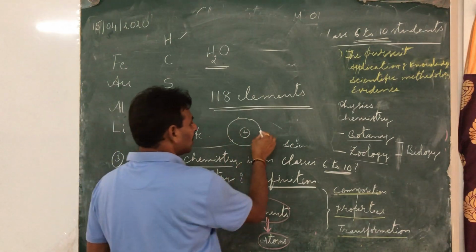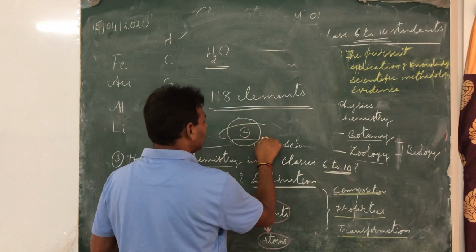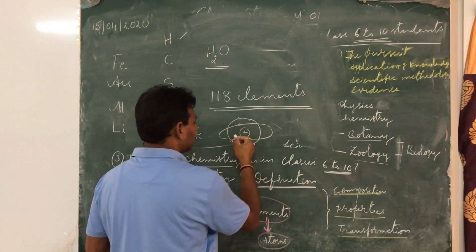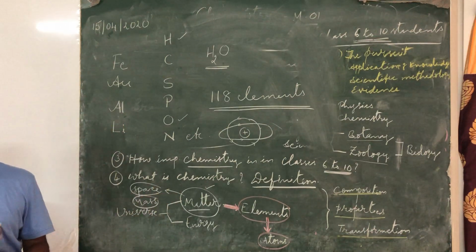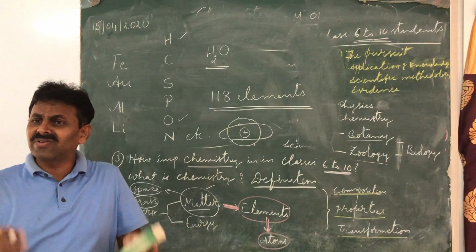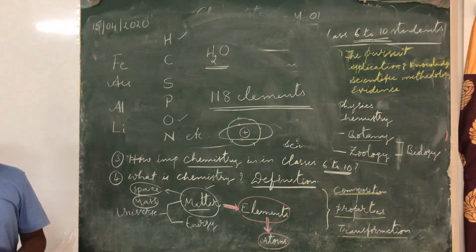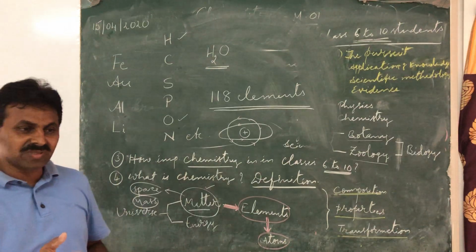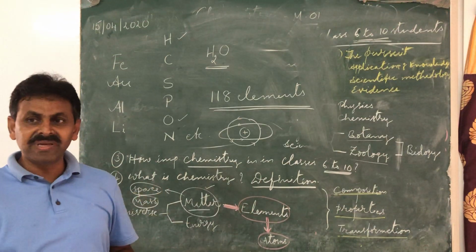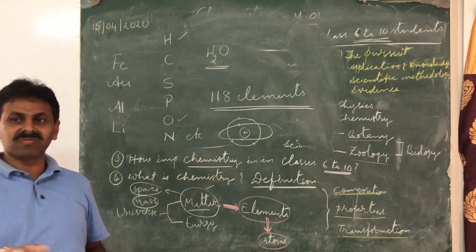When I say that they are also revolving around the nucleus in elliptical orbit, this is the path now. This is nothing but elliptical path. So we need to imagine several concepts in chemistry. So imagination power is very, very important, because you need to associate concept A with B with your imagination, concept B with C with your imagination.